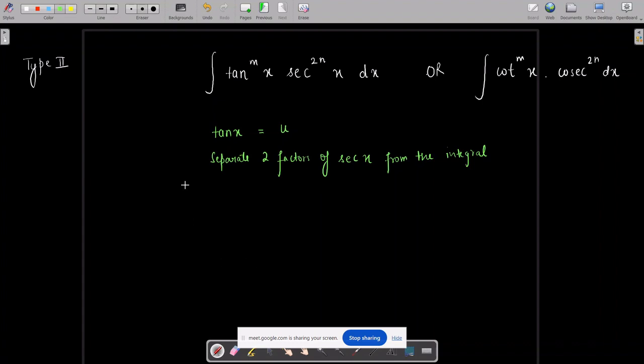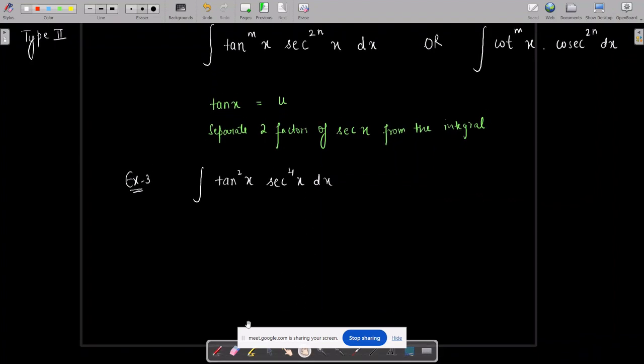Okay, let's do example number 3, where we have tangent square x multiplied by secant raised to power 4 dx. So our first step will be to separate two factors of secant x.